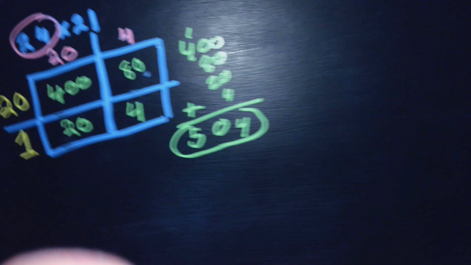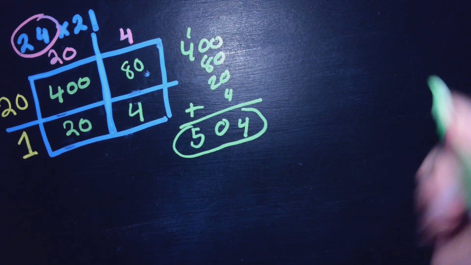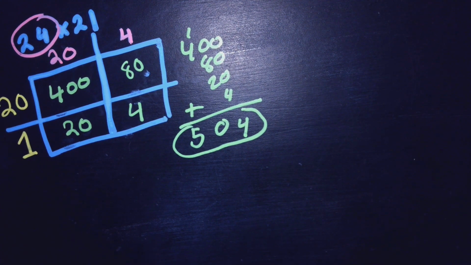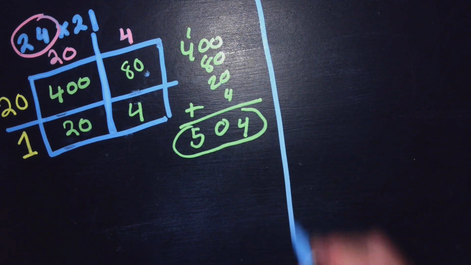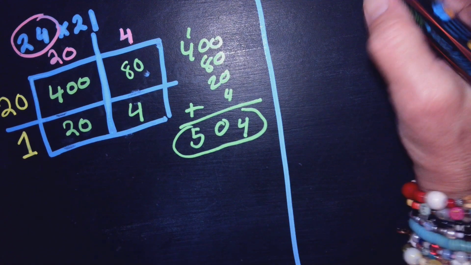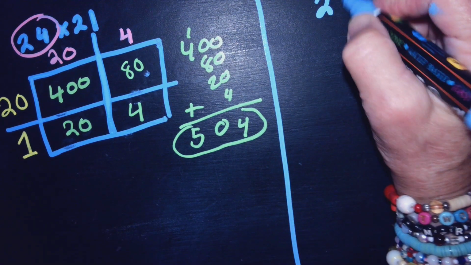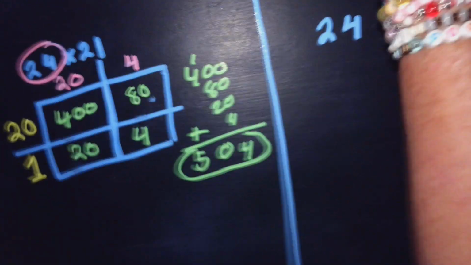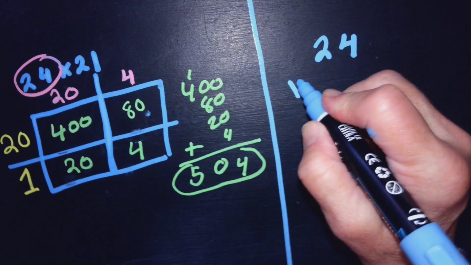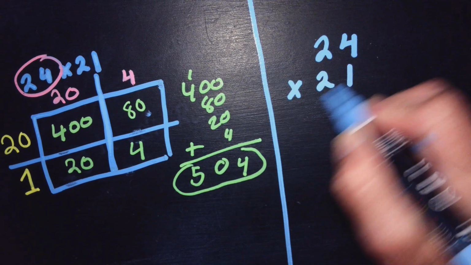Now we're going to talk about the standard algorithm, which a lot of you think you know how to do and a lot of you want to do, but a lot of mistakes occur when you use the standard algorithm. So I'm going to multiply 24 times 21.